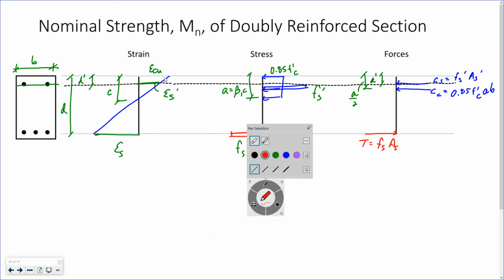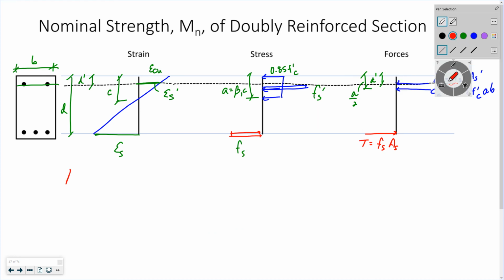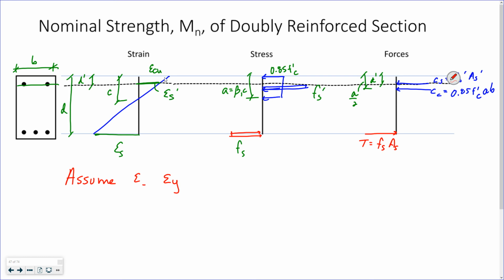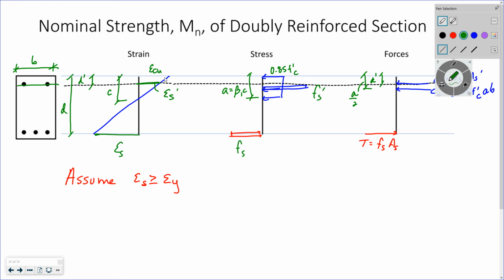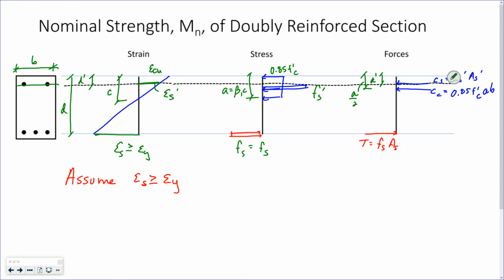So I'm going to start with my usual assumption, right? Assume that my tension reinforcement has yielded. If I assume that my strain in my tensile reinforcement is greater than or equal to the yield strain, then the stress is equal to the yield stress.